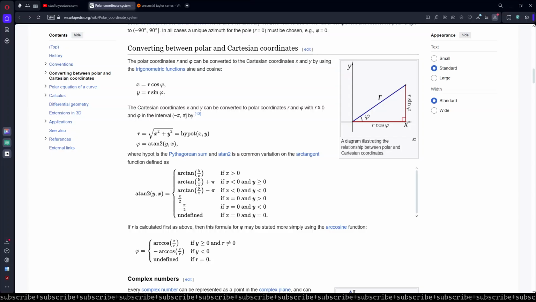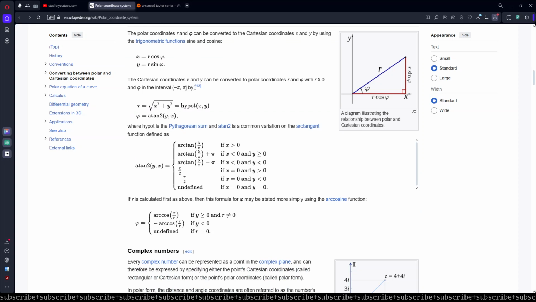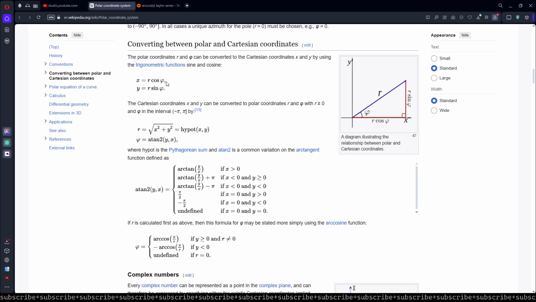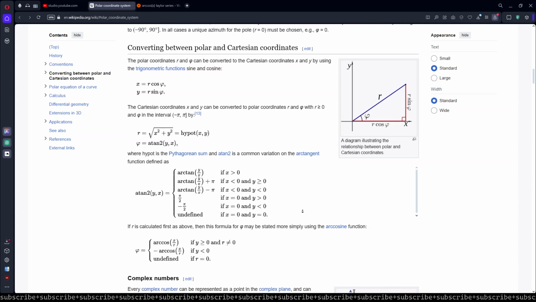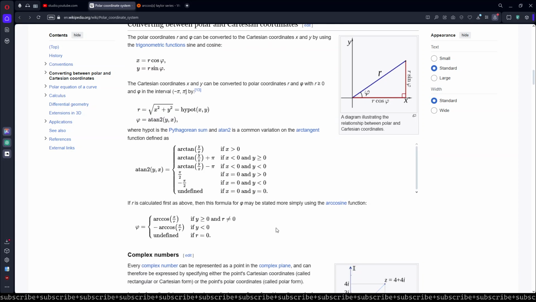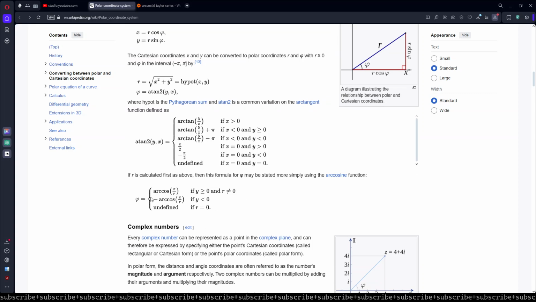Then another thing we want is our angle. What we can do for this is either use this weird arctan formula, which I think is a big pain in the ass, or because we've already calculated our r, which is our distance, we can just use this simple formula, arc cosine of x over r.